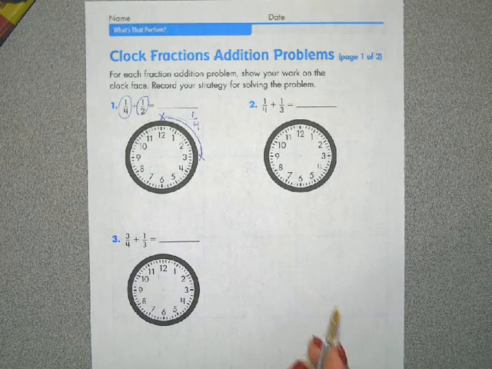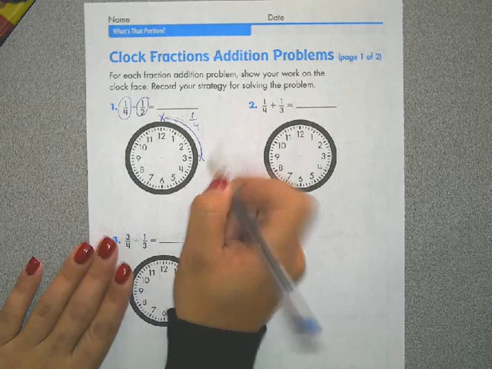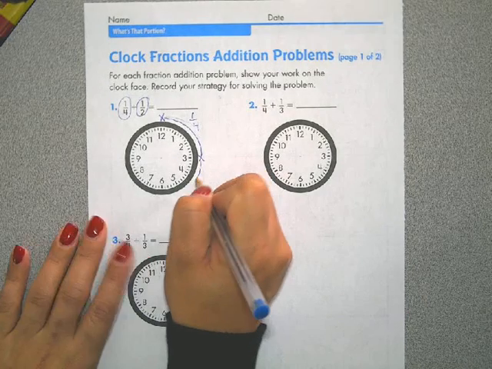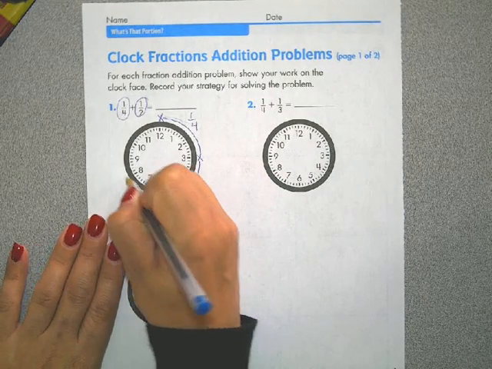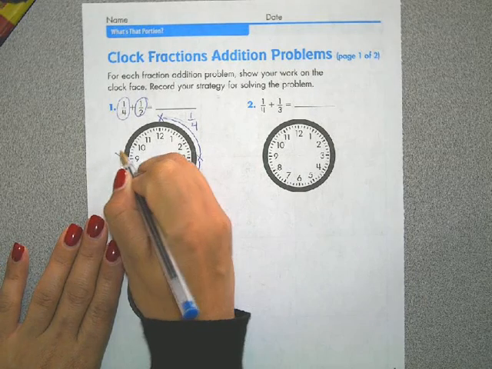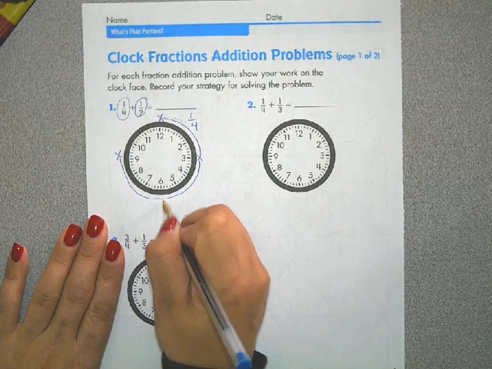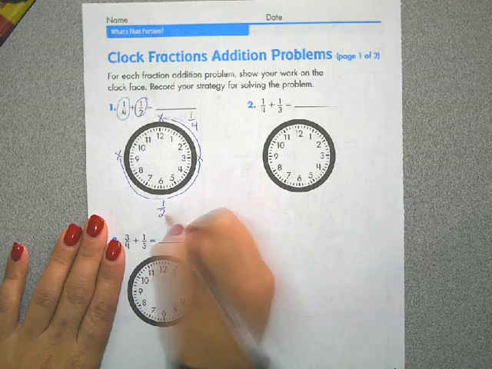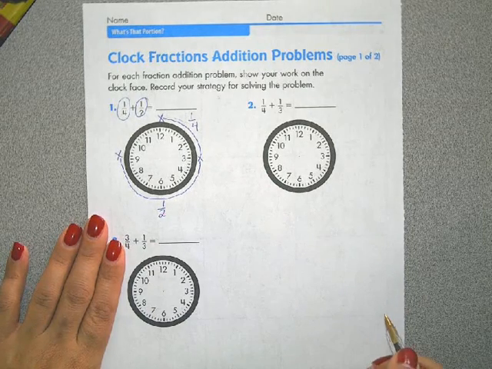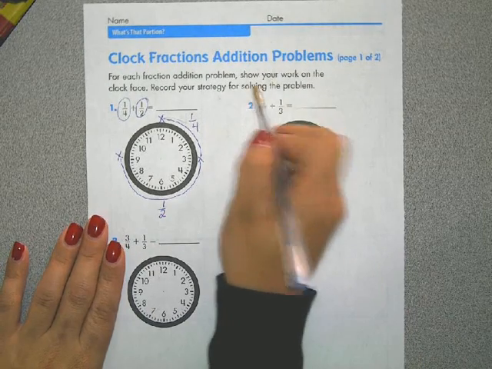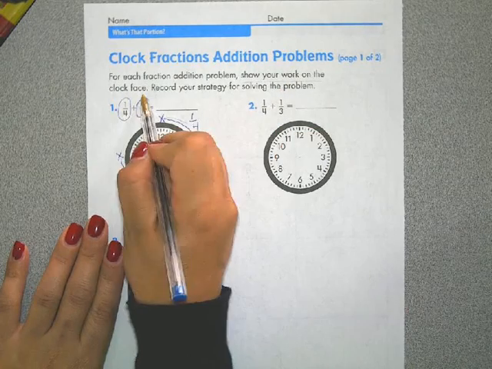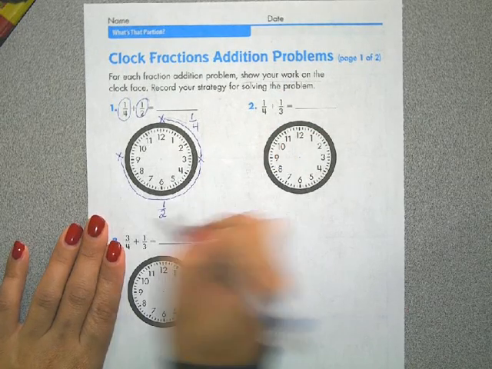Now I'm adding 1/2. So I need to go a half further. Okay, what would I do, Allison? I would go to the 9. So I'm going to draw my line, and I'm going to stop at the 9. I'm going to label it 1/2. Okay?